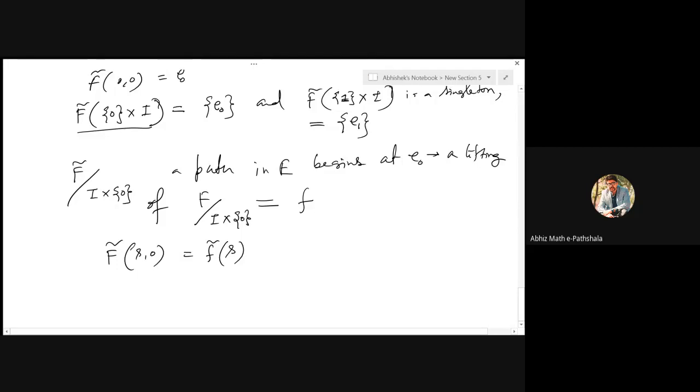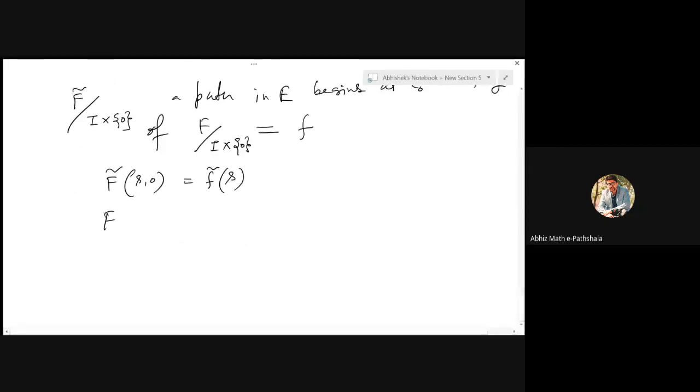In a similar way, by similar arguments, you will have this for g tilde. Therefore f tilde and g tilde end at the same place.